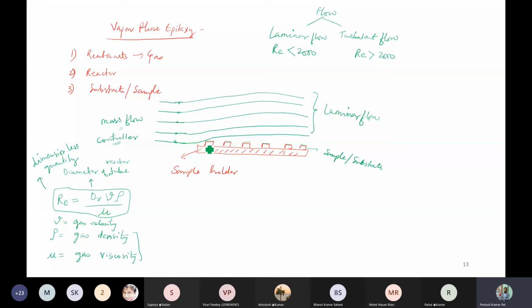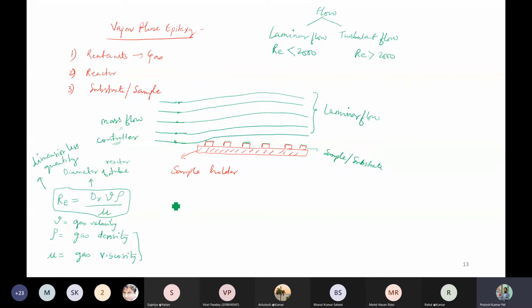And also, the deposition that is done onto the surface. What type of boundary layer is there? The deposition of this epitaxial layer onto the surface is given by a parameter called y.